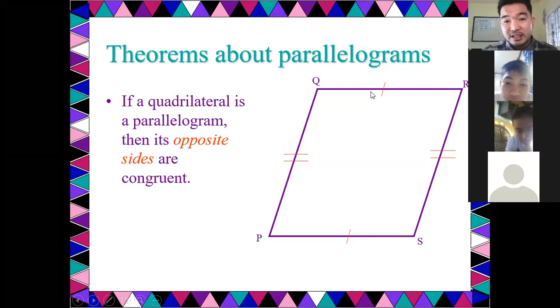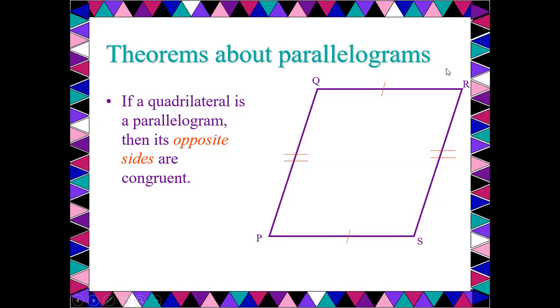Alin yung opposite side dito? The opposite sides here are side QR, ito yung nasa taas, and side PS. Anong ibig sabihin ng opposite? Magkatapat sila. And then at the same time, they are parallel to one another. Ito si QR at saka si PS, they are parallel to one another.